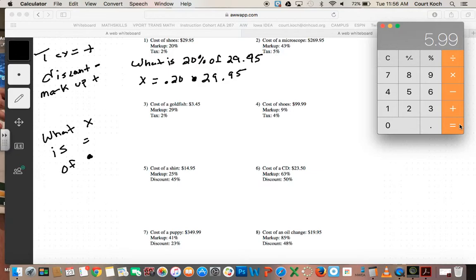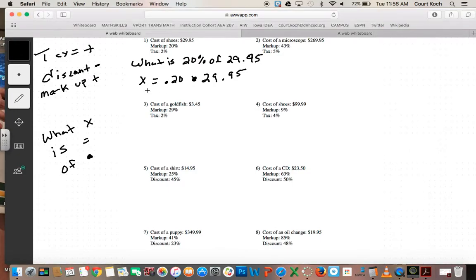This all is done by cash registers, but the more you can do it in your head, the better you'll be. So thinking of this as dollars, that means the markup is $5.99. Notice how my work flows down and across. That's how your work needs to go.